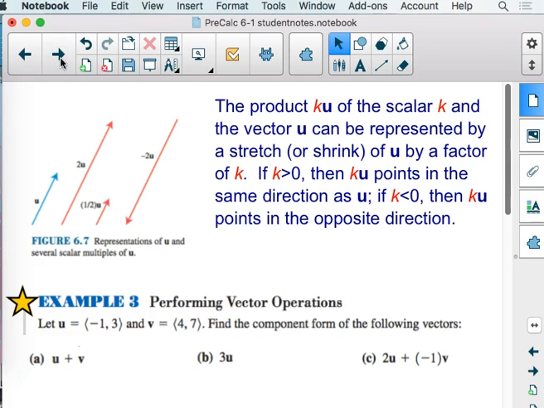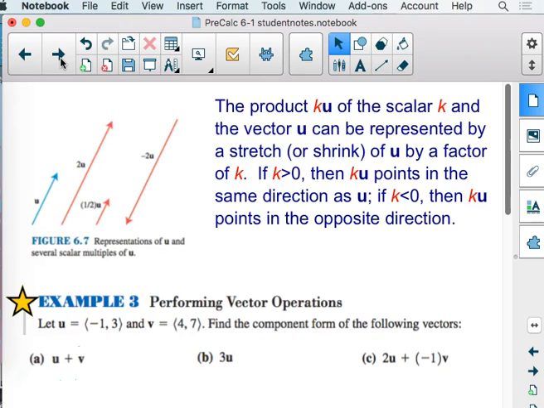So the product ku of the scalar k and the vector u can be represented by a stretch or a shrink of u by a factor of k. So if k is a number bigger than 1, you're going to stretch it. And if k is a fraction between 0 and 1, you're going to shrink it. That's what we use those for. So if we want something to have the same direction but a different magnitude, then that's what we use this for.